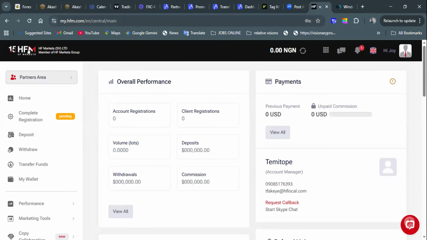Partner area, we're done. Okay, and let's go back home.